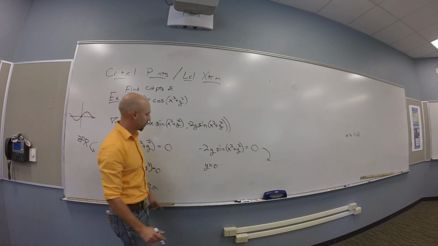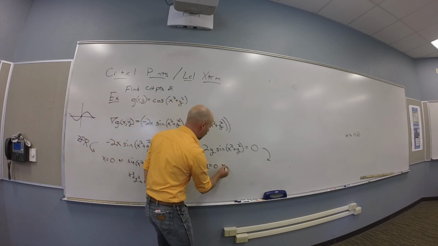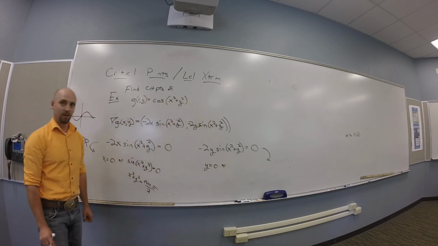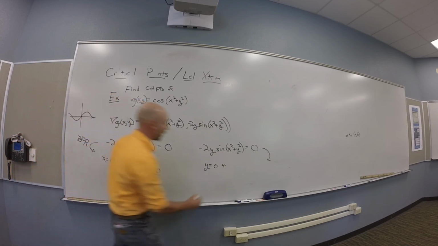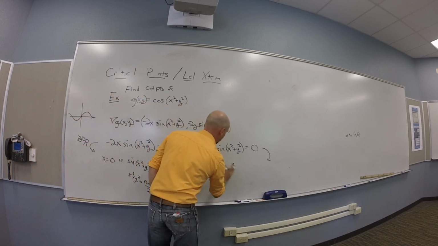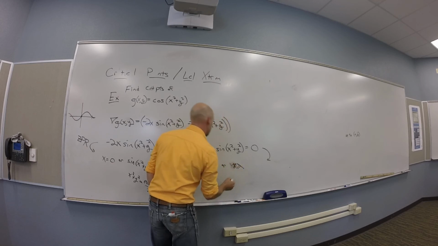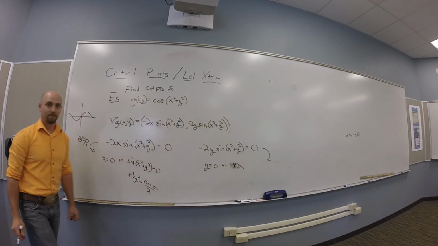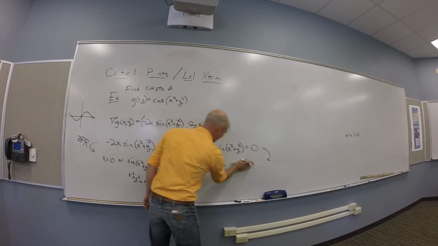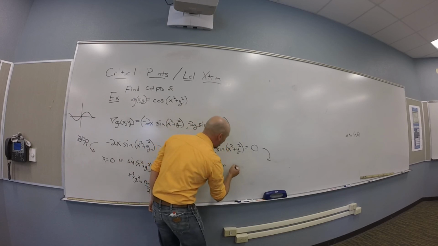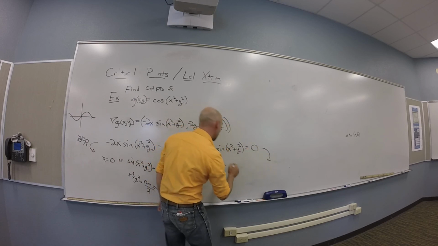Okay, how about this other one? This is when y is 0 or when, same deal, right? Or n pi's. Let's go with n pi's. That's not really what I mean, right? I mean x squared plus y squared is n pi's.